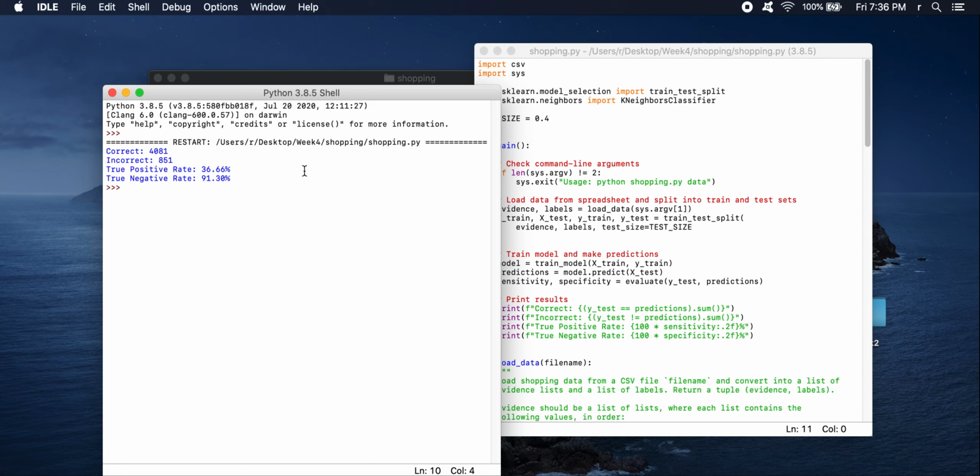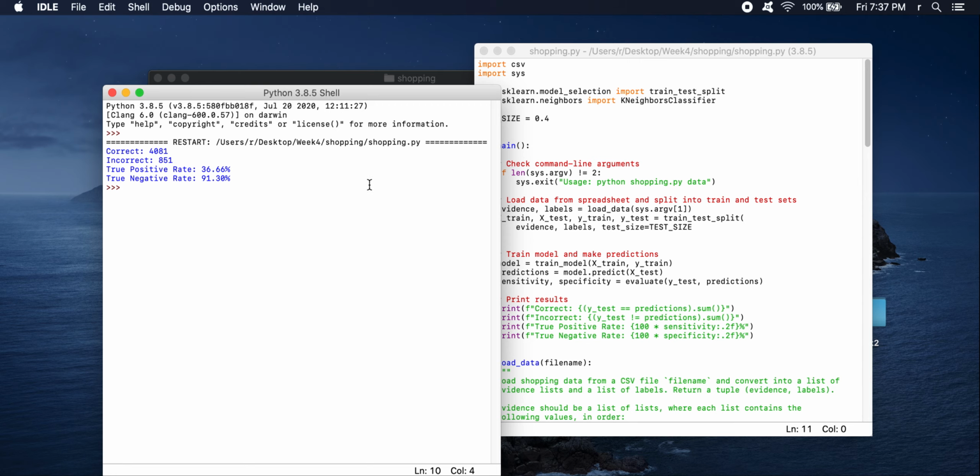And what that means is, of all the data points where the labels are actually true, in other words, of all the customers that actually bought on the website, the model correctly predicts that they'll buy from the data 36.66% of the time.